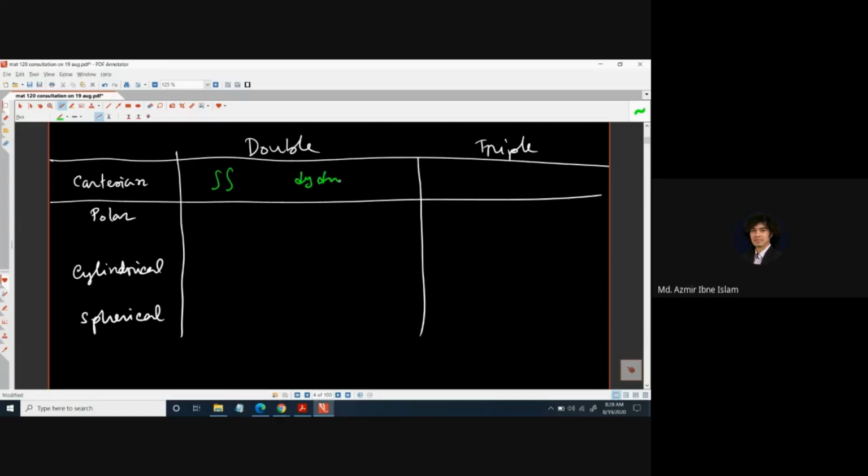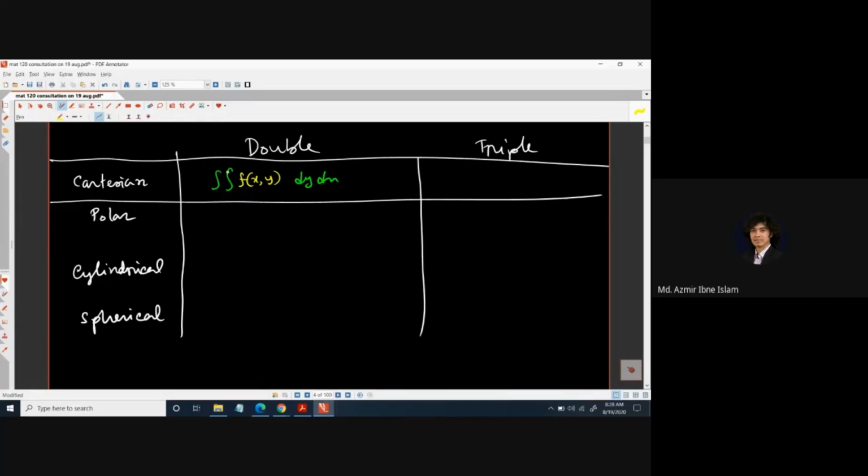That is, you have a function of two variables x, y. Here input variables are x and y. So this is f of x comma y, and we are trying to evaluate this integral.